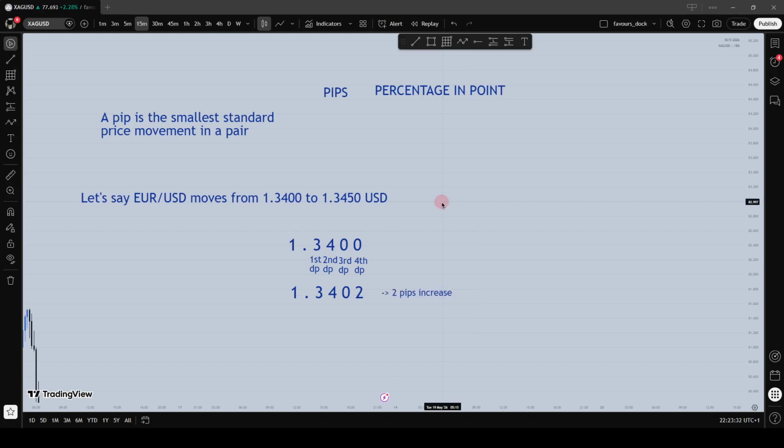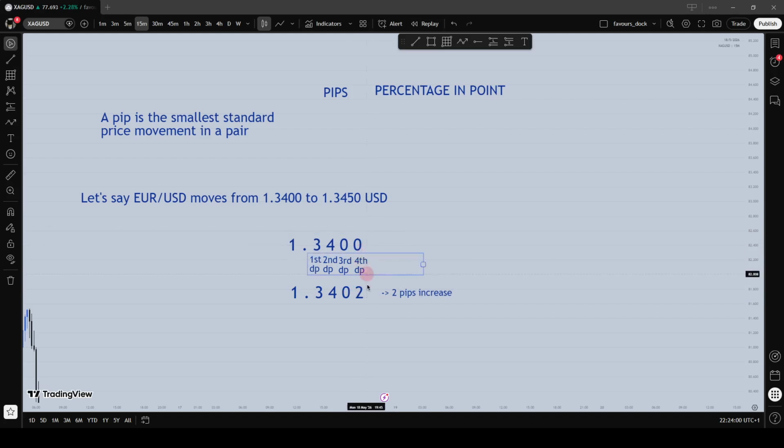When we are in market, we don't say price changed by this amount of USD. The way we measure the change in the current value of price is in pips. The same thing you did when I said price changed from 1.3400 to 1.3450: you just subtracted it to know the increase in pips.